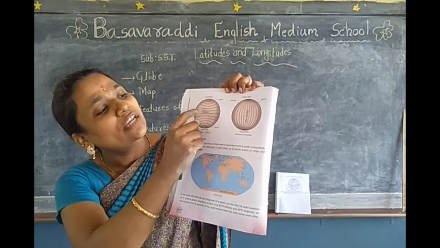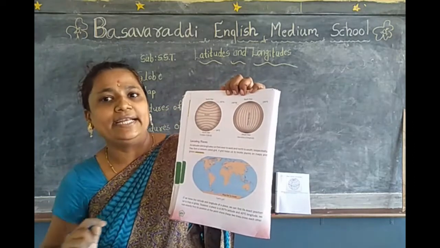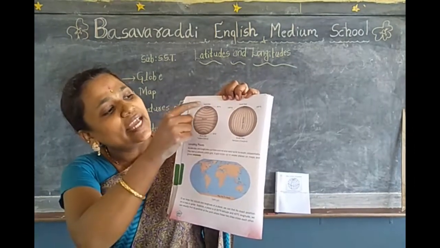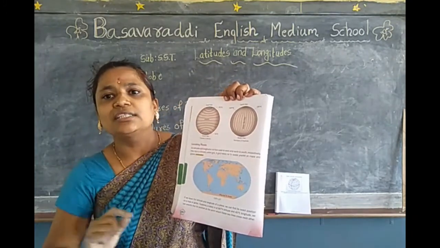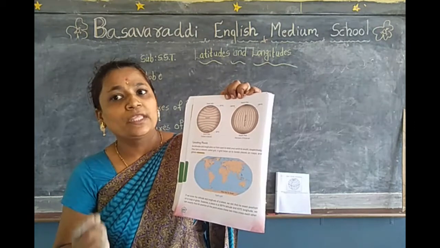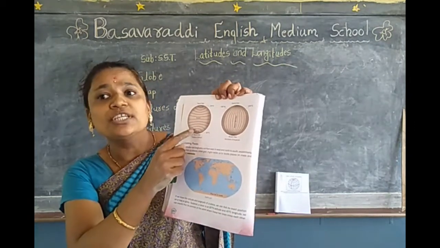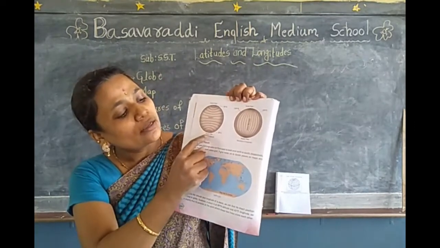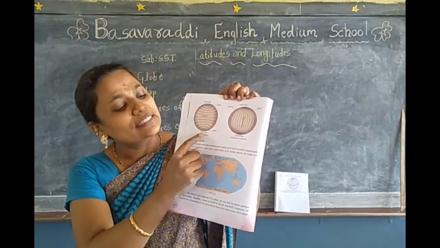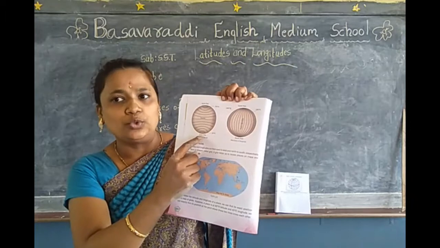Parallels north of the equator are indicated as N or North Pole. N is nothing but the North Pole. And those to the south of the equator are indicated as S or South Pole.